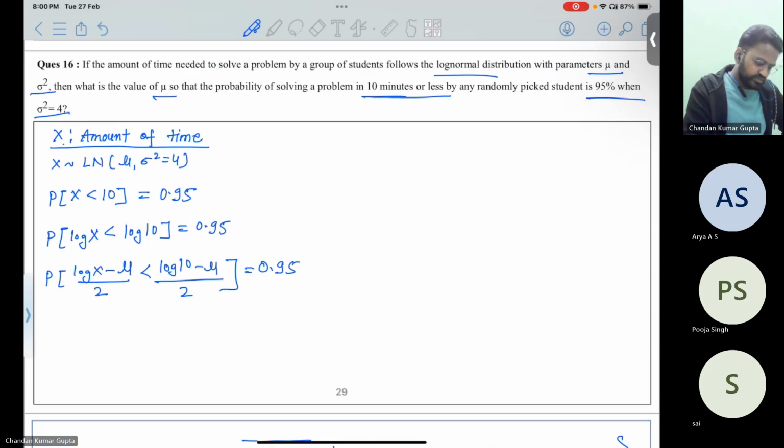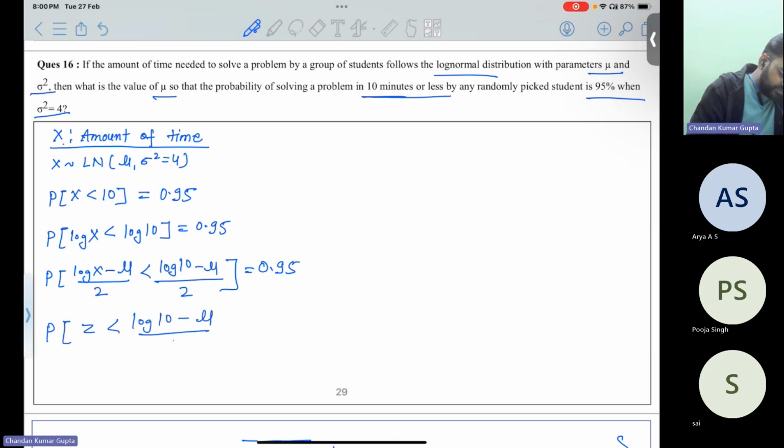Okay. So the probability that Z is less than log 10 minus mu upon 2 equals 0.95.